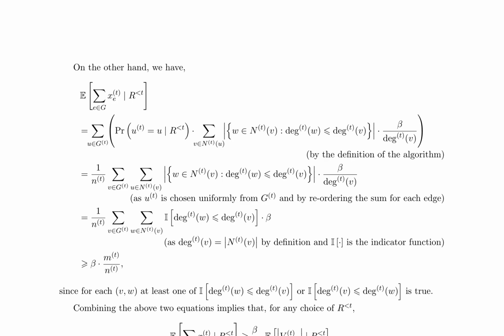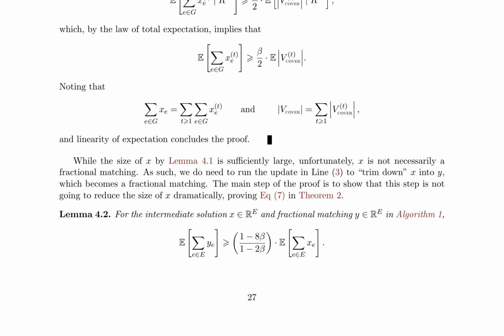This result is obtained by combining two equations, one of which relates the expected value of the solution to the expected value of the number of vertices in the cover, and the other of which relates the expected value of the number of vertices in the cover to the expected value of the solution. The proof of this result relies on the definition of the algorithm and the properties of the indicator function.